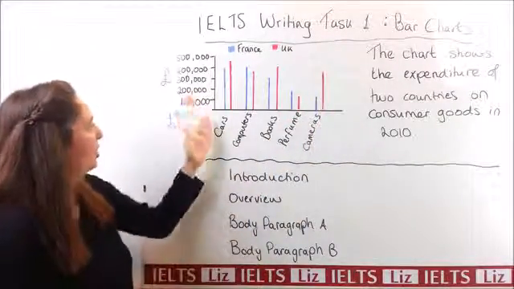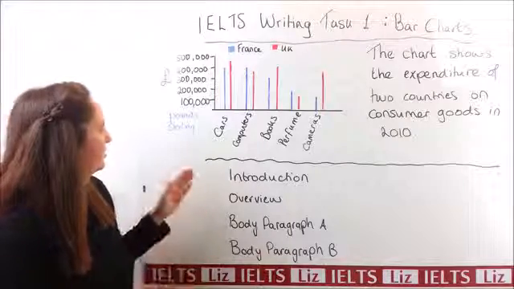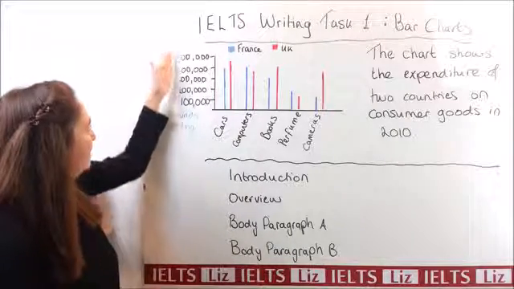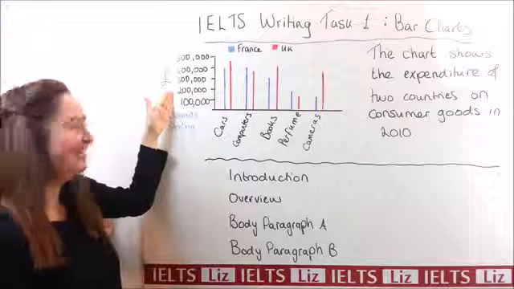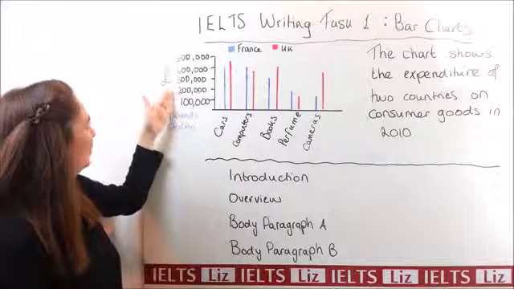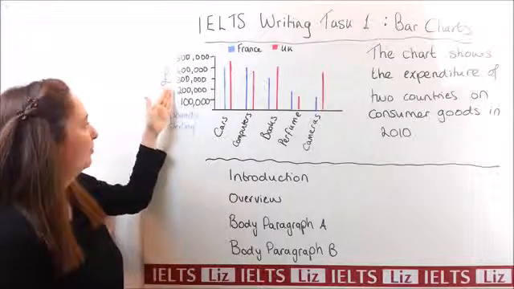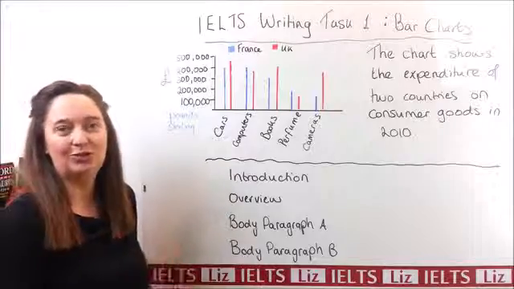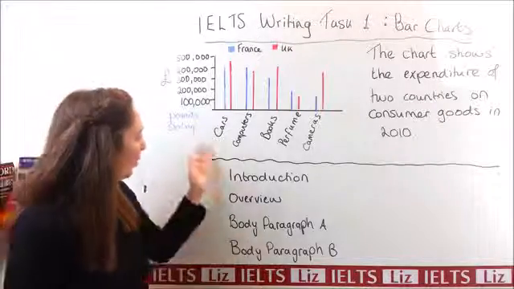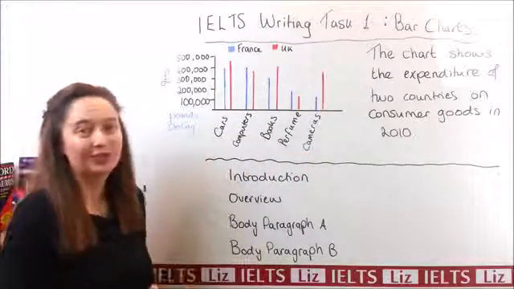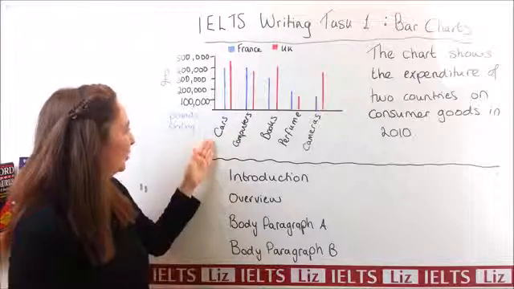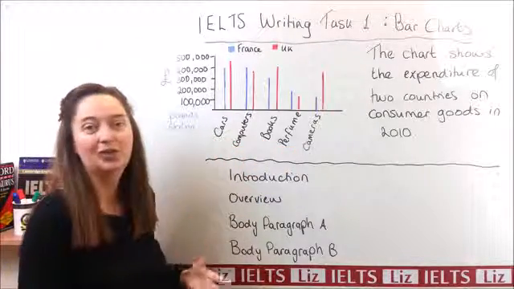Now, when we look at the bar chart, we can see that down the vertical axis, so at the side, we've got all the different amounts of money that the 2 countries spend. Along the bottom, so that's the horizontal axis, we've got all the different types of consumer goods.